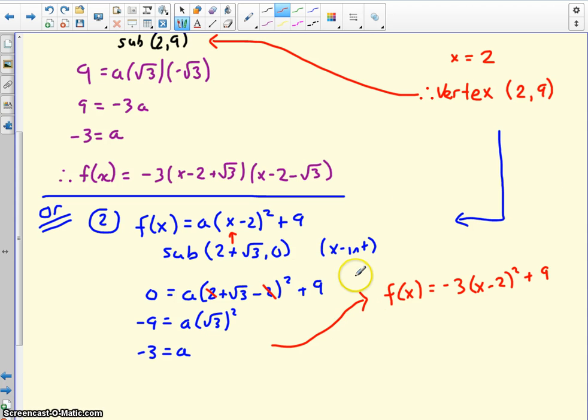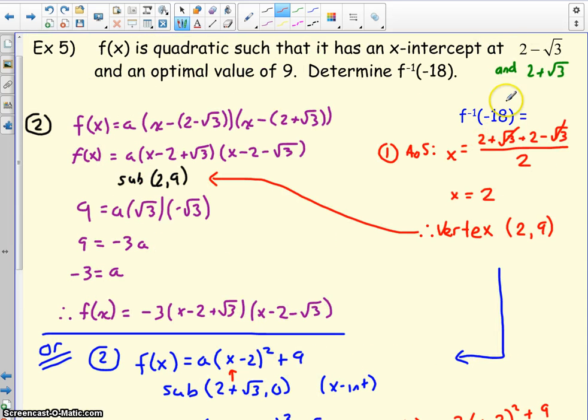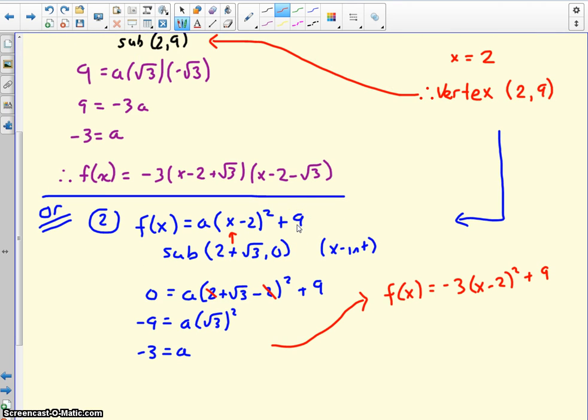So two different approaches, they both work, it's just a matter of where we go from here. Because remember, we're not actually looking for f of x, we're looking for f inverse of negative 18, which means it's the x value in the inverse or the y value in the original function. So I'm trying to solve f of x equals negative 18, really. Looking at both these forms, you might wonder, which one is easier to solve? In my opinion, the second one is a lot easier because, since it's vertex form, there's only one instance of x, so we can actually solve it.